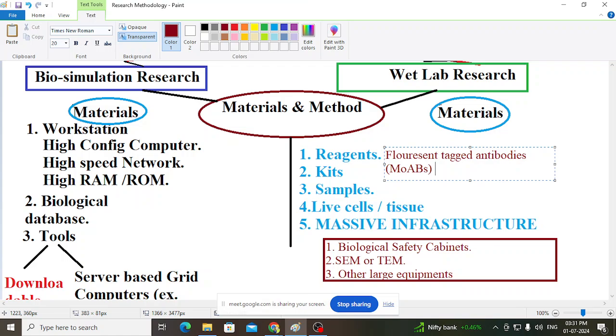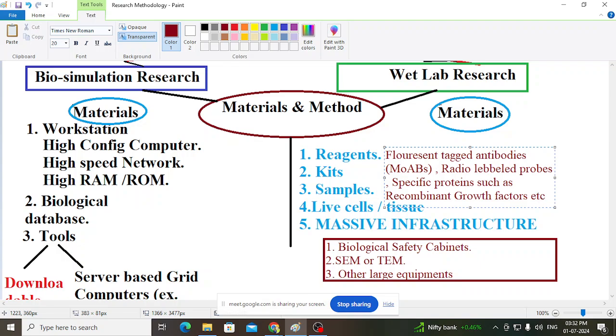Then you may need radio labeled probes, depending on the work you need to do. Then you need some specific proteins, such as recombinant growth factors, etc. These are all very highly costly things.